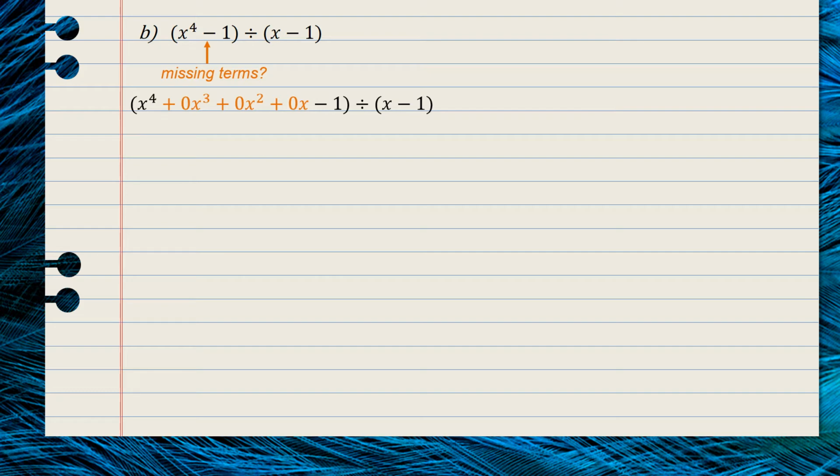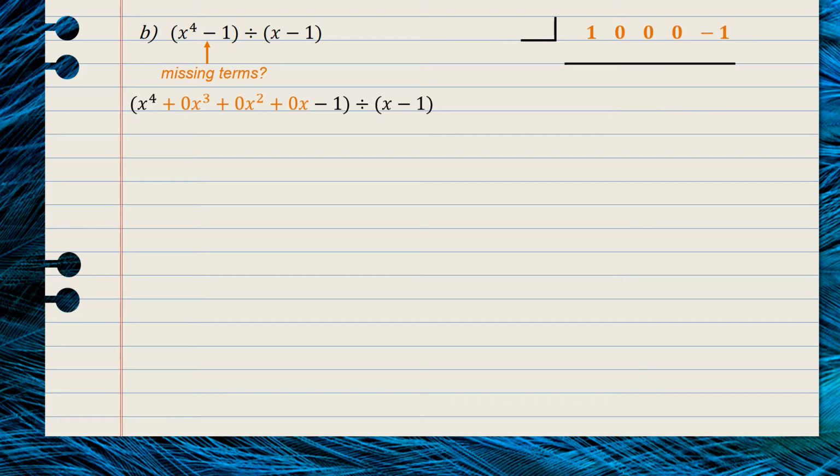Now that we clearly see our dividend and all the missing terms, we're ready to write the coefficients. The coefficients would be 1, 0, 0, 0, negative 1. And now we set up our synthetic division. We draw the line and the little piece in the corner.